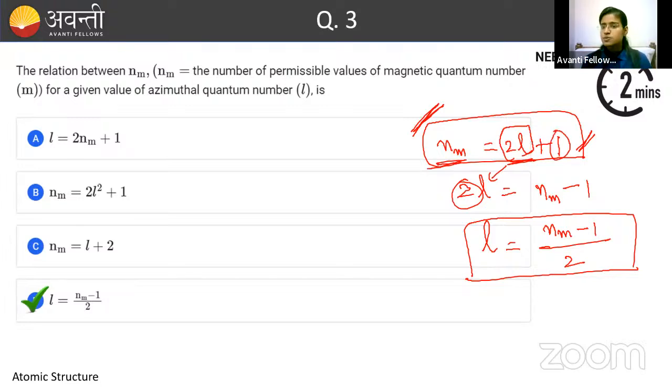So plus 1 has become minus 1. Okay, 2l is equal to nm minus 1. And I have brought this 2 to the other side. Since it is in multiplication with l, if I take it to the other side, it will go to the denominator, right? So at last I am getting l is equal to nm minus 1 by 2. And it is given in option B. So is that okay? Clear?